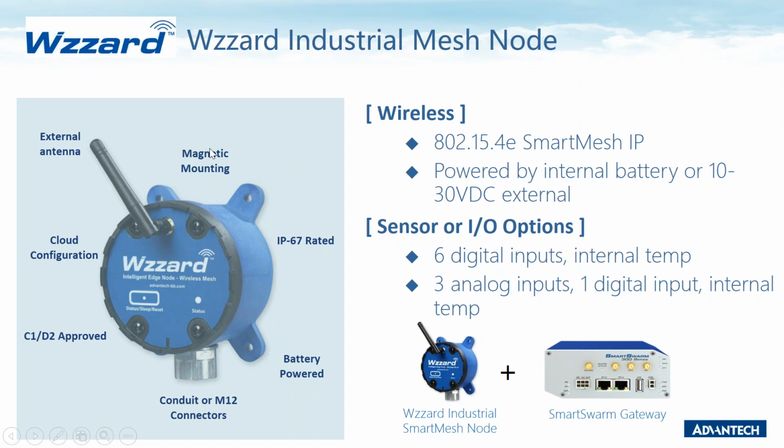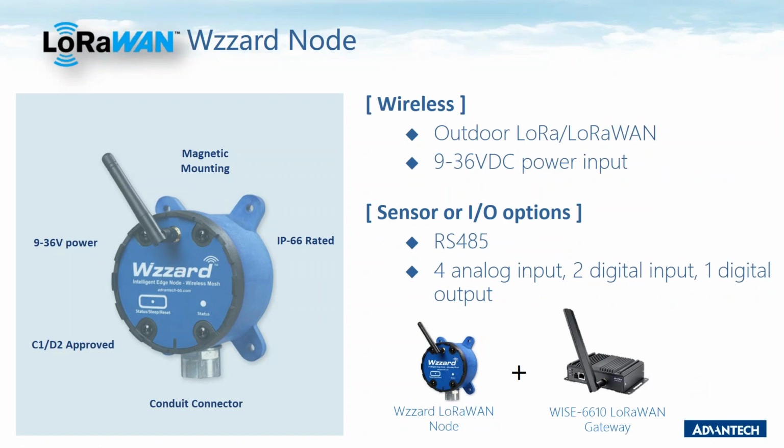Stick it to a metal device, just magnetic mounting. Class 1 Div 2 approved, and it connects back, over the meshing topology, to a SmartSwarm gateway. And then these SmartSwarm gateways provide WAN access to a web application over Ethernet or LTE. Okay, so at a glance, that's the Wzzard Mesh industrial node.